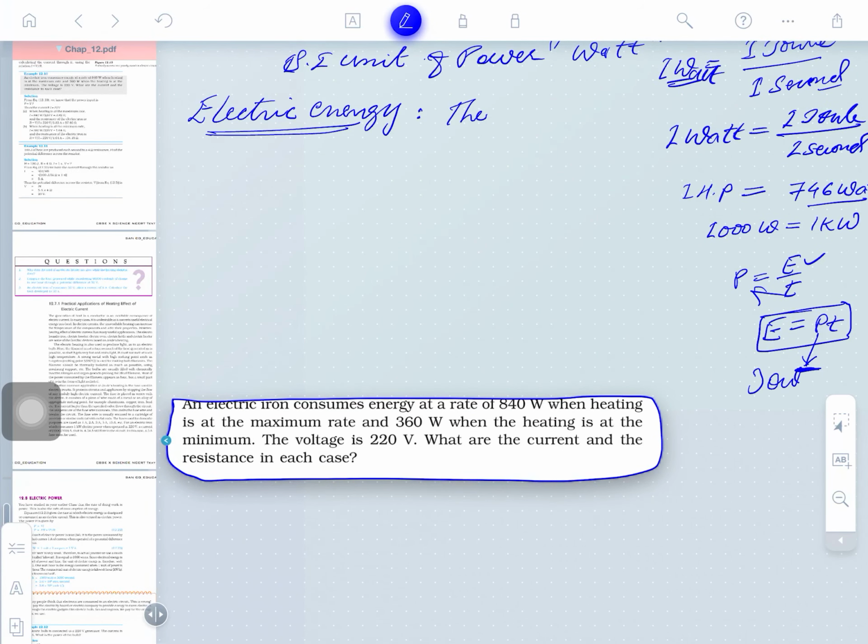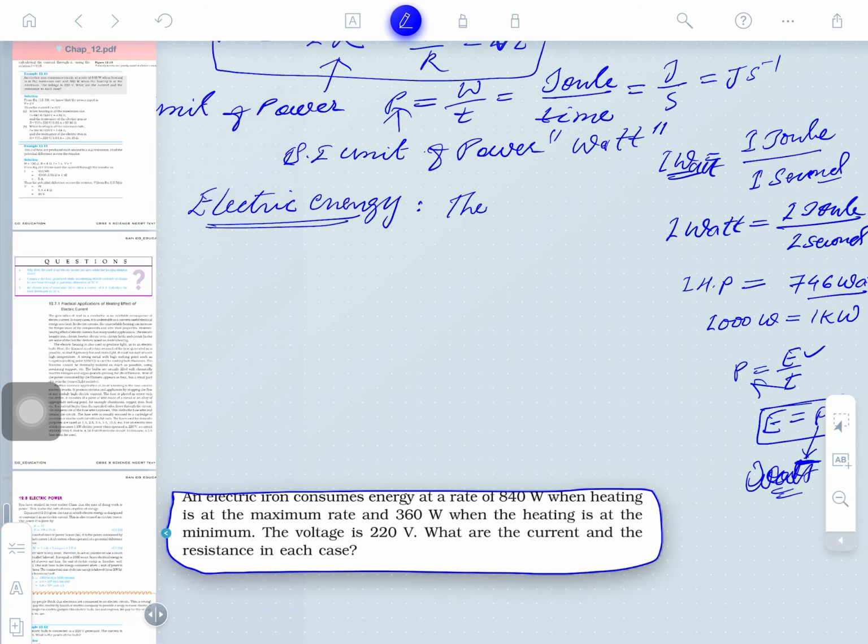Obviously it shall be joule, but it can be watt second also. Watt second is to be discussed here. What is the power and for how much time it is used? Please write the electric energy conversion.